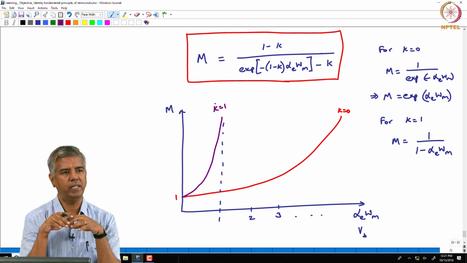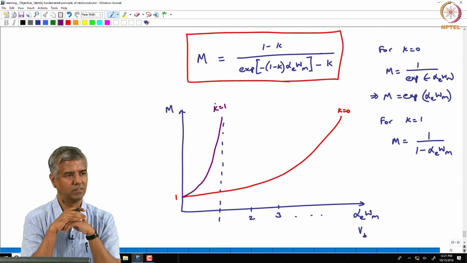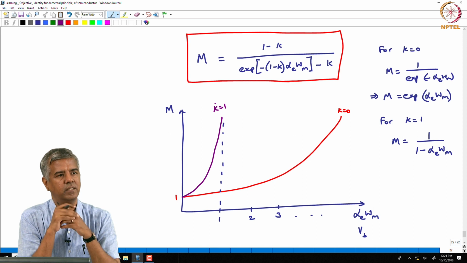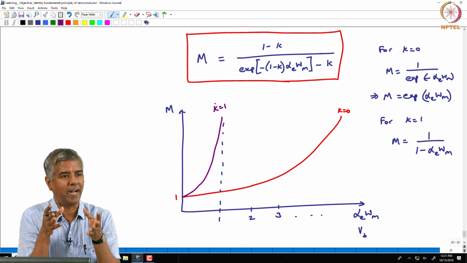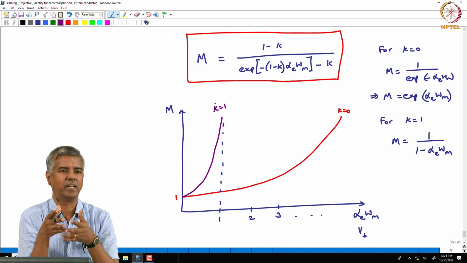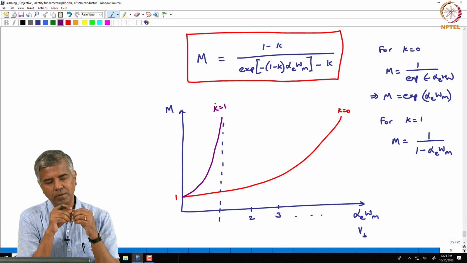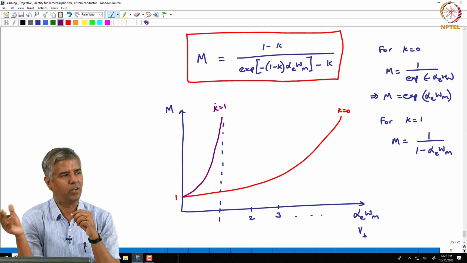So, it actually generates noise in the multiplication. Anything that is random, you can say is going to be a noisy process, right. So, even when you do it with an electron, it is already noisy.